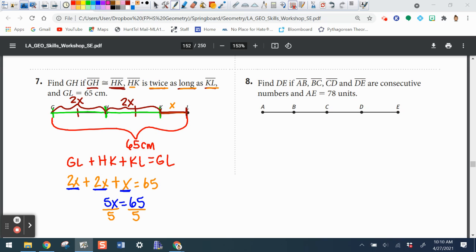So we use this term cancel, but as stated in class, I don't really care for that. 5 divided by 5 becomes the number 1. And so we've marked through it because 1x we could simply write as x. 1 times x is x. So just please understand the distinction between canceling and becoming 0, canceling and becoming 1. 65 divided by 5 is none other than, I believe, 13.